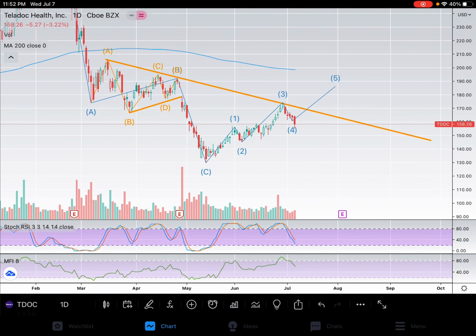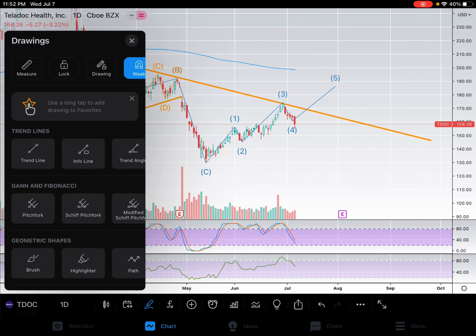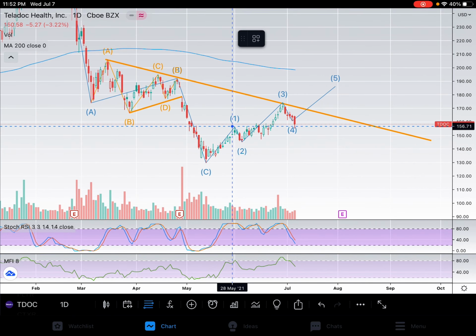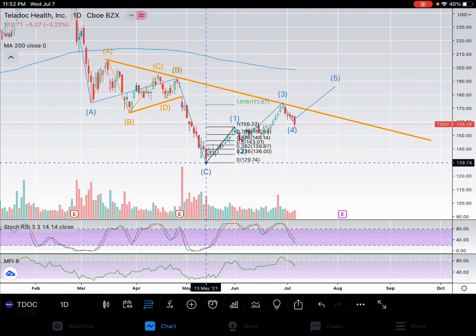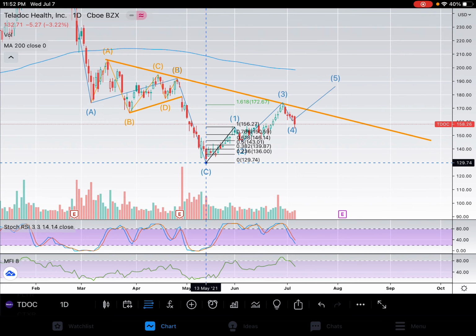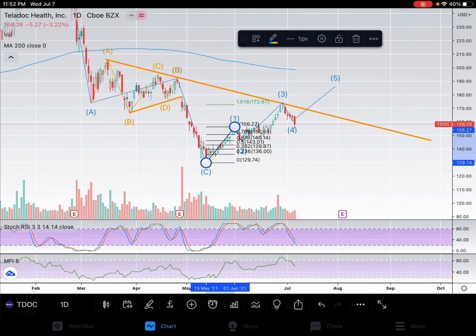It's pretty clear. If you bring out the fibs, let's look at the fibs. If you bring it to wave 1, the wave 1 extension 1.618 is usually the target for wave 3, technical target at 172.